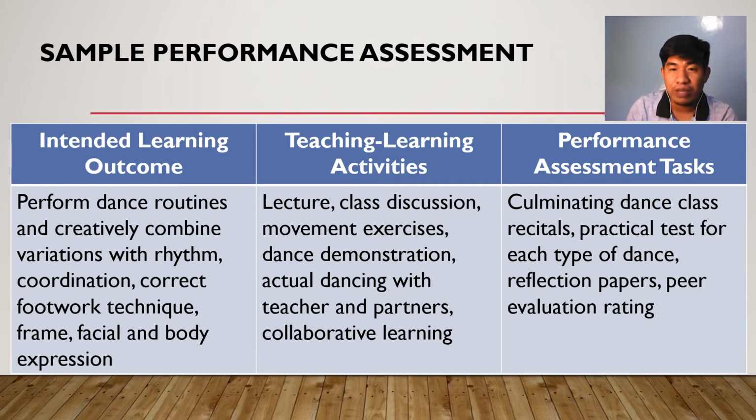The third column is the performance assessment tasks. These represent the type or methods of assessment administered by the teacher towards his or her students in order for the teacher to assess or evaluate whether the intended learning outcome is being achieved or not. Okay? So, example. Example of the learning outcome.